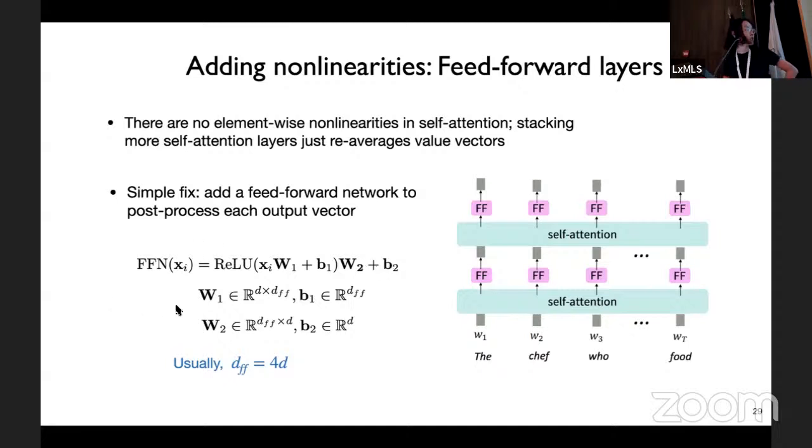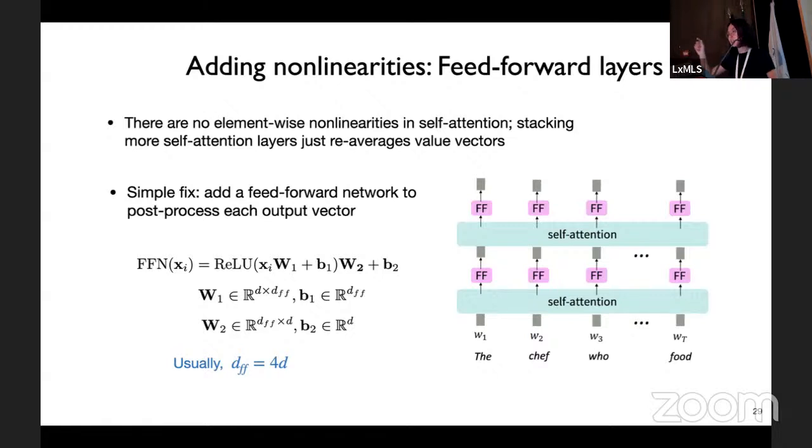I should mention there's another dimension here called DFF, where FF stands for feed-forward. This is also usually called the intermediate size in transformers. You take the hidden size and multiply by W1 to get to the intermediate size, which is called up projection. Then W2 should be DFF by D, which is a down projection.